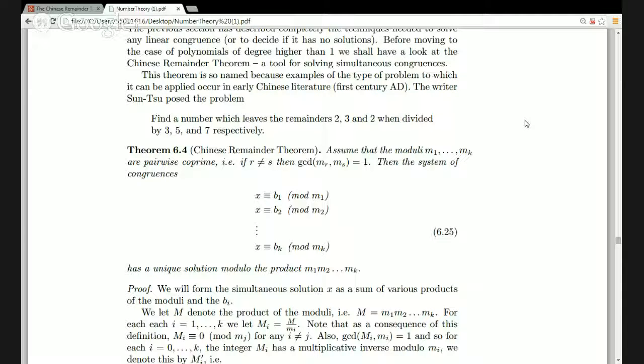So we've got these different little b's, b1, b2, up to bk. And the theorem is saying that upstairs, there's a unique congruence class modulo capital M, which is the product of all of these, that projects down onto all of these.